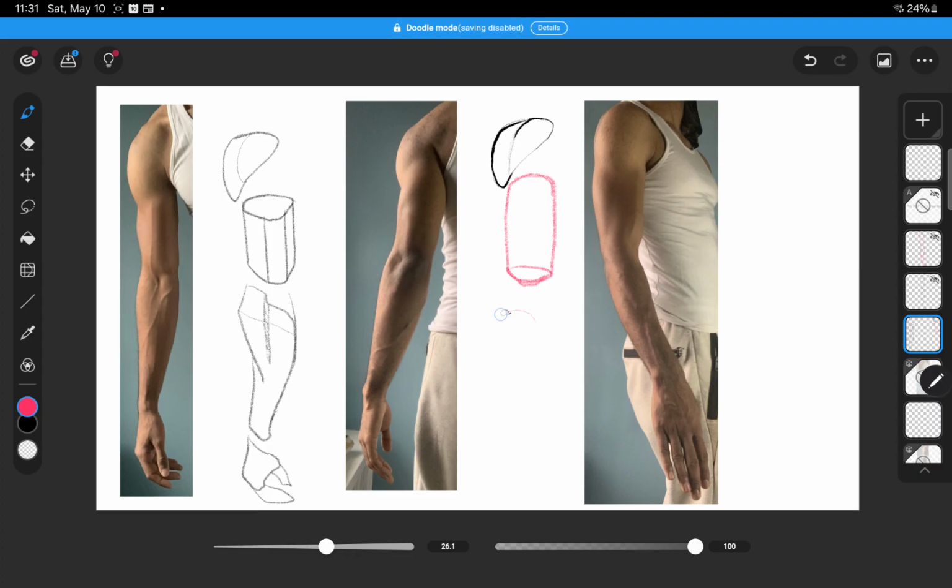I really need a 3D software or something to convey this. So let's say this is going to be a hand sticking out at you guys. That's not how that is. Hold on. Let me start from the bicep. Okay, so this would be the bicep. And then this would be the forearm. This will be my wrist, or the wrist.